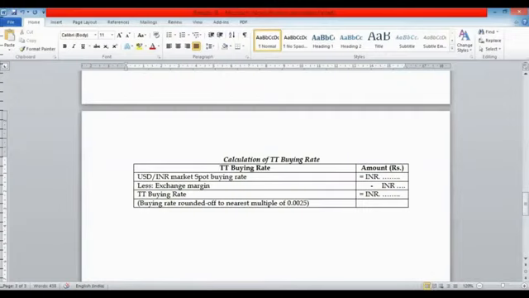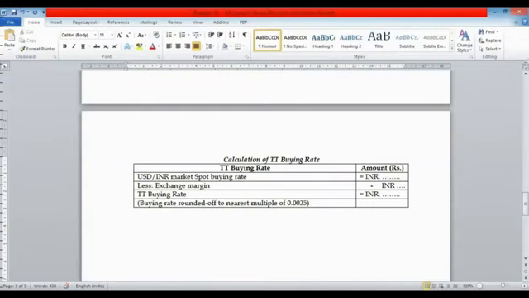Forward margin, as I told you yesterday, is an interest differential, that means interest between the two banks. Interest will be gained by the bank only if there is some gap. And as there is no gap, there will be no consideration of interest. So that is why we have no forward margin in the case of TT buying.